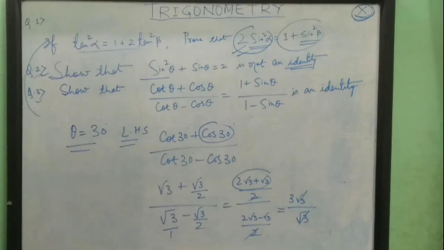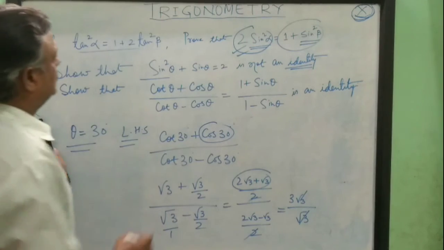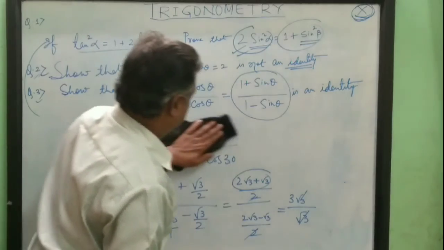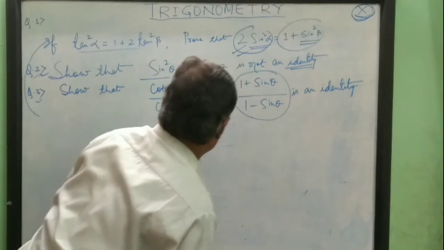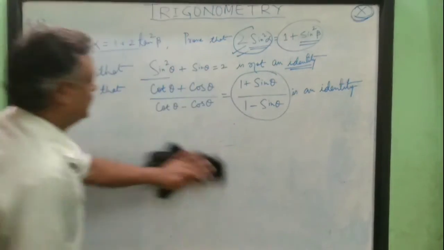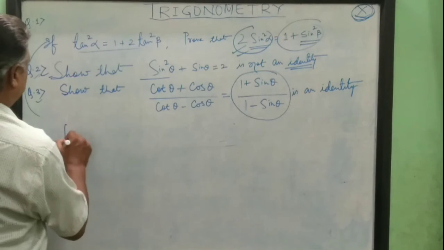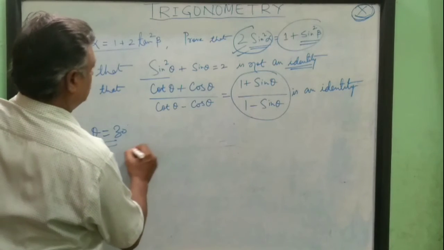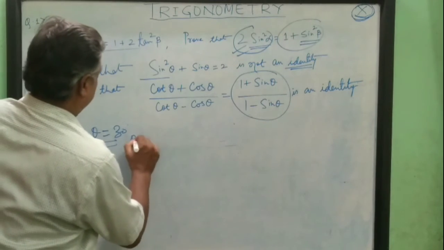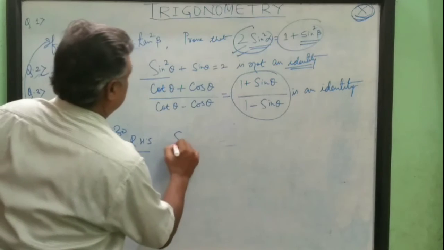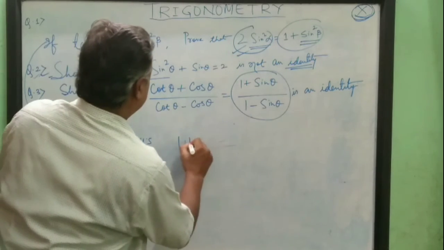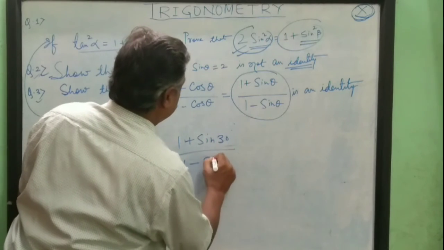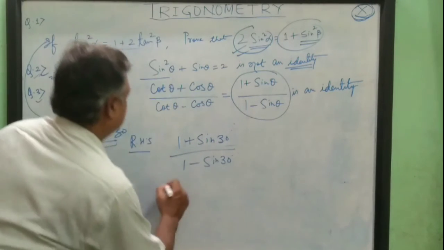Now put the value of theta is equal to 30 degree in RHS: 1 plus sin 30 by 1 minus sin 30.